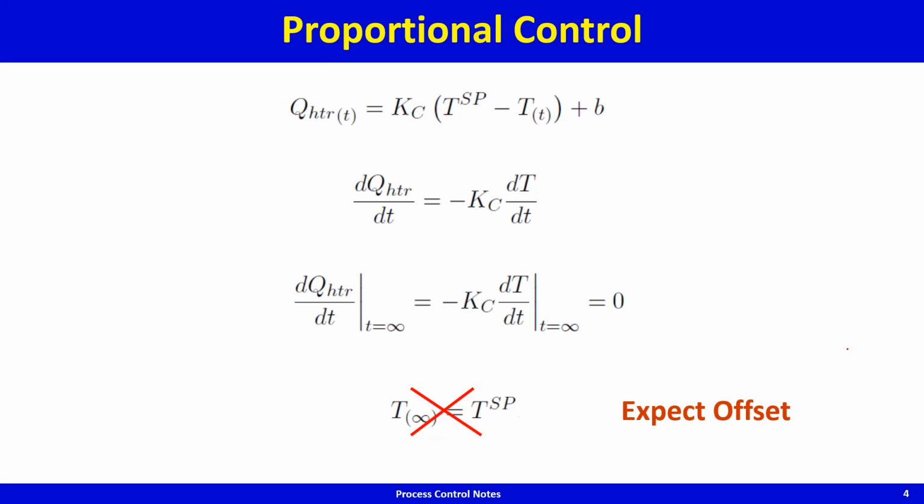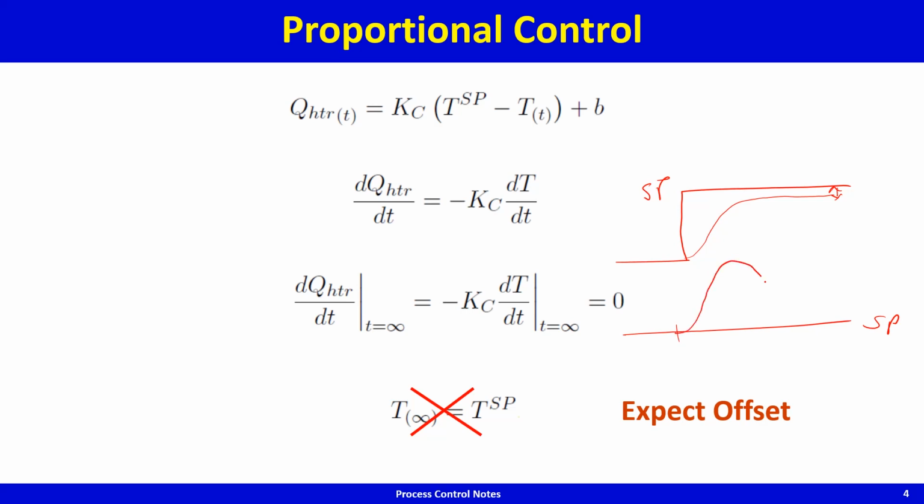So for example, if the set point is, let us say set point is here, the process variable is also here, you increase the set point. With a proportional controller, the process variable will start increasing towards the set point, but it will never quite reach it. There will be some offset. On the other hand, if there is a disturbance, the set point is over here, there is a disturbance at time t equal to 0, this causes the process variable to go up.